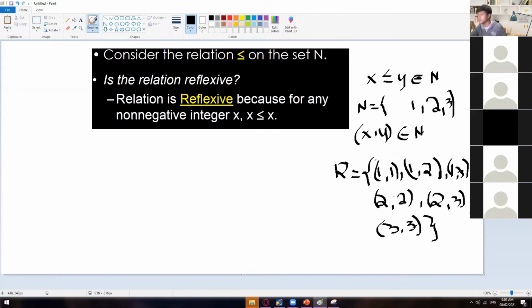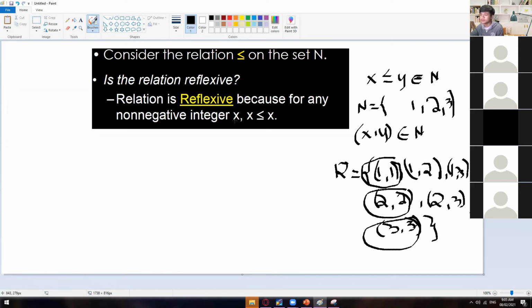As you can see, we have 1, 2, and 3. For you to be able to say that this one is reflexive, we should have 1, 1, 2, 2, and 3, 3 on this relation, which is correct because we have 1, 1, 2, 2, and 3, 3. That is why this relation under this condition is reflexive.